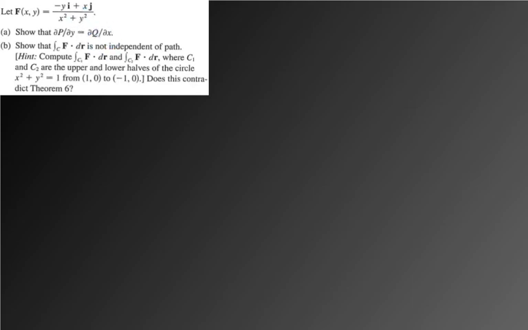So, let's see, for the partial of p, I'm just going to do a chain rule, basically. The derivative of the top, with respect to y, is just -1, times the bottom, x squared plus y squared. And then minus the derivative of the bottom with respect to y, which is 2y, times the top, which is minus y.